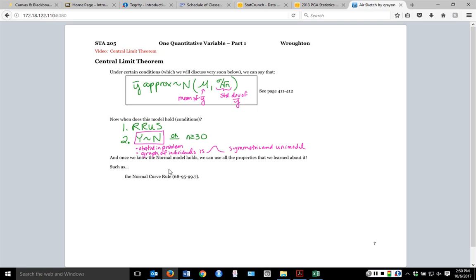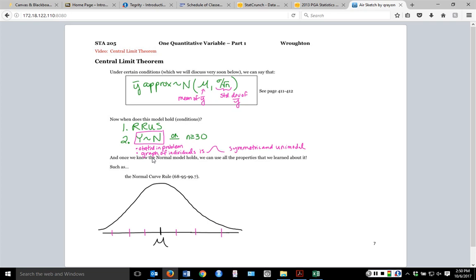Just as before, once I know it's normal, I can use so many other things that I've learned about it being normal. I can use my normal curve rule. Of course, I'm going to start by looking at my picture here. My normal curve rule tells me to start at my mean, which is mu, and then go 3 standard deviations in both directions.